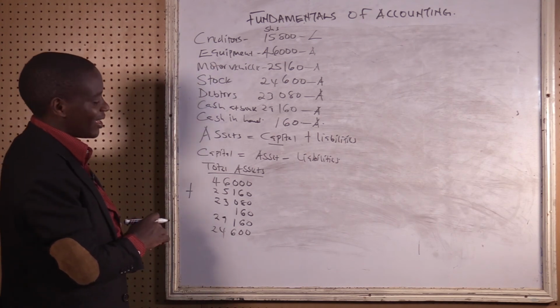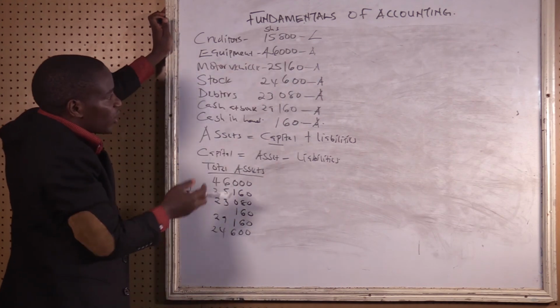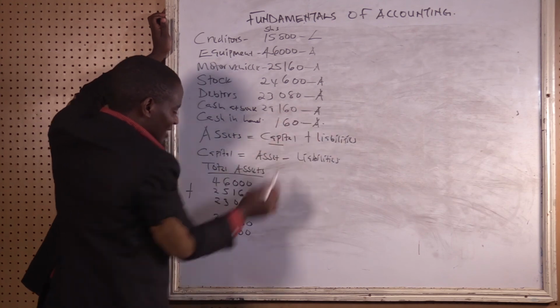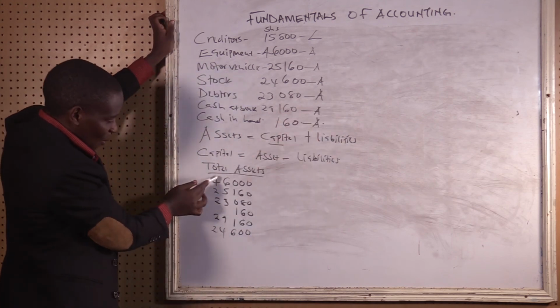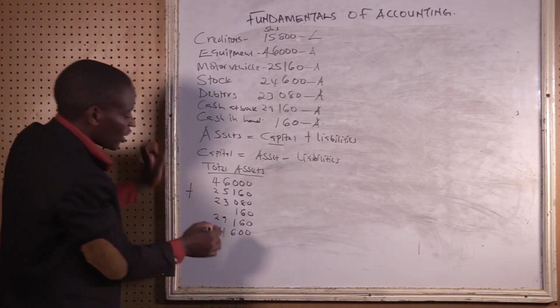It's good to first of all check whether you've written all of them. We had how many assets? 1, 2, 3, 4, 5, 6. How many have we listed here? 1, 2, 3, 4, 5, 6. So we have listed all of them.